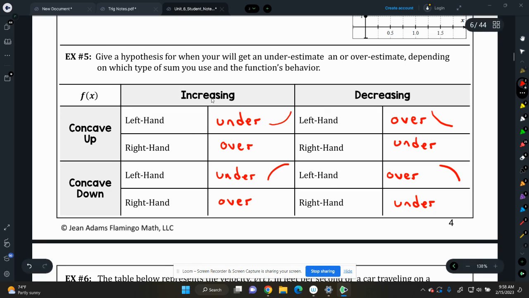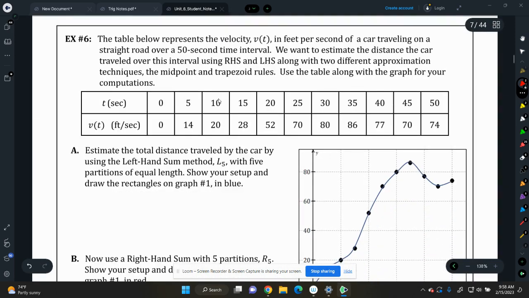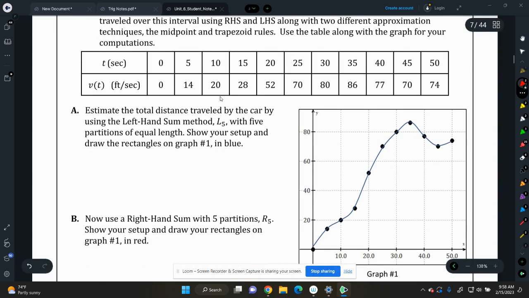Oh, yeah. Okay. So these are probably the most common types of questions on your AP exam involving Riemann sums, when they give you a table. The table represents the velocity in feet per second of a car traveling on a straight road over a 50-second interval.